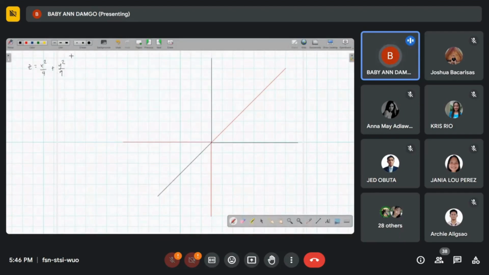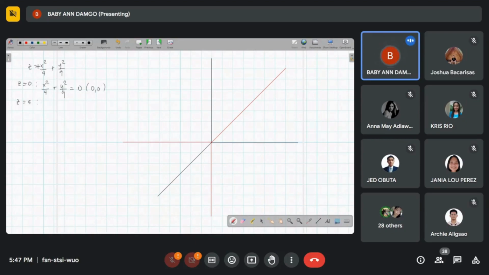Okay, so we let z be equal to 0. So we have x squared over 4 plus y squared over 9 is 0. So this is the point 0, 0. So maximum na to, we have z equals 4.